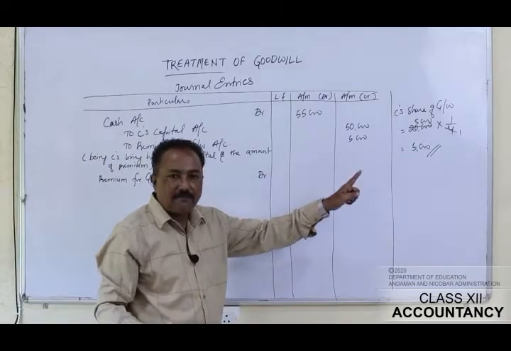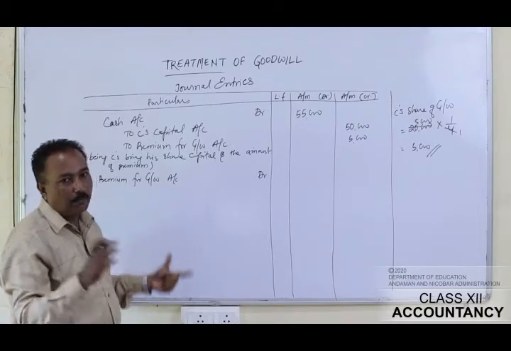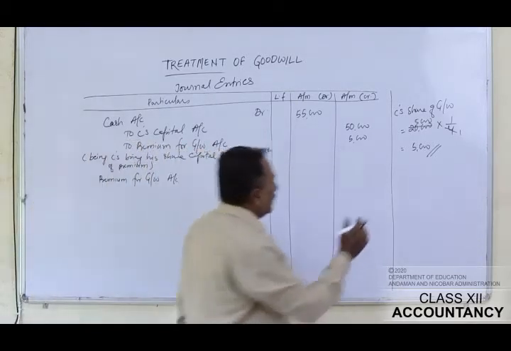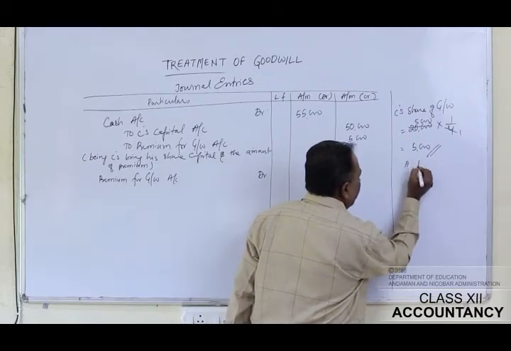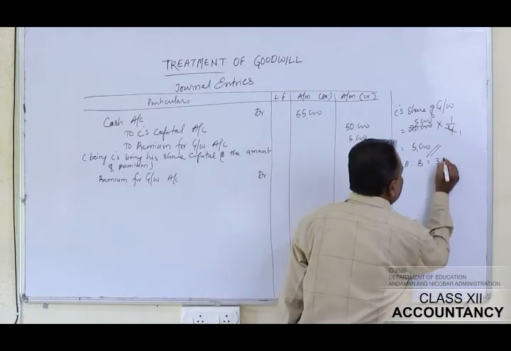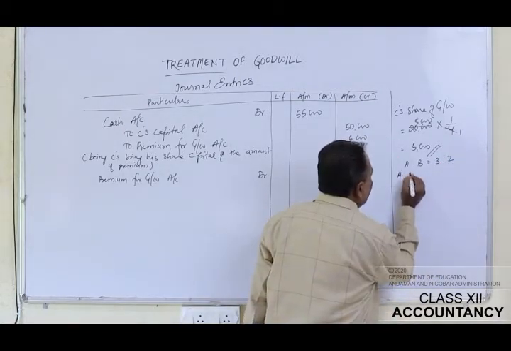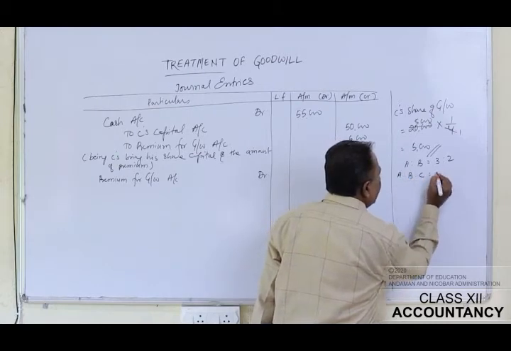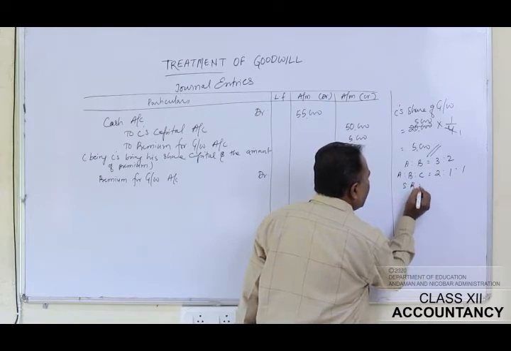First calculate the sacrificing ratio and then you have to write down by name whether both the partners have sacrificed. Now A and B, their old profit sharing ratio is given as 3:2. The new profit sharing ratio of A, B and C is given as 2:1:1. Now you have to calculate the sacrificing ratio.